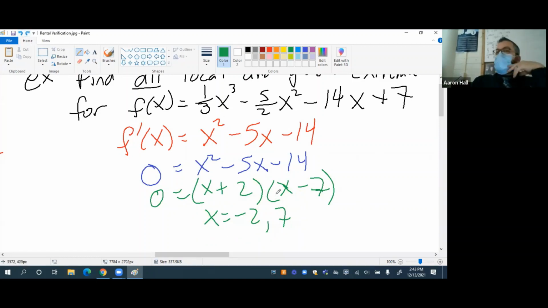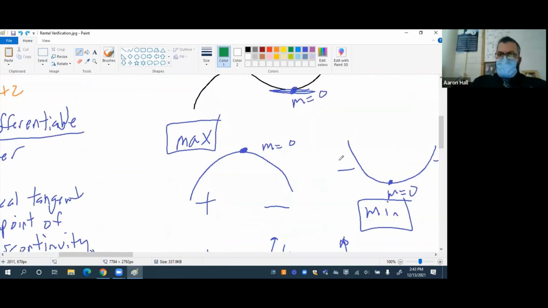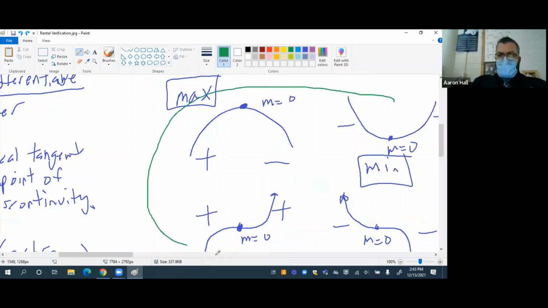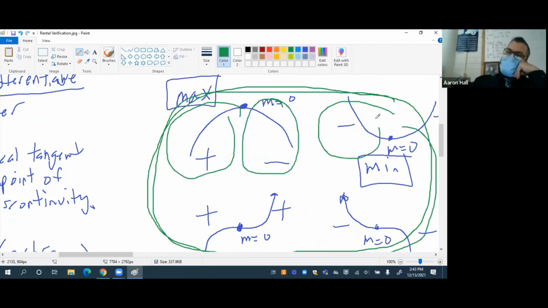So what would we do at this point to find out whether these are maxes, mins, or stationary points? If we know what the sign is on both sides, wouldn't that tell us whether it's a max, a min, or a stationary inflection point?